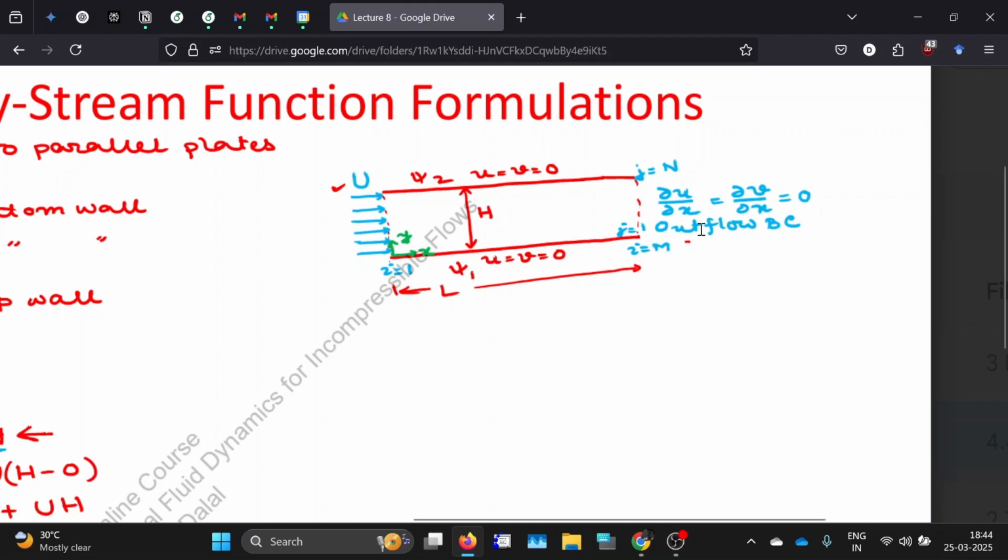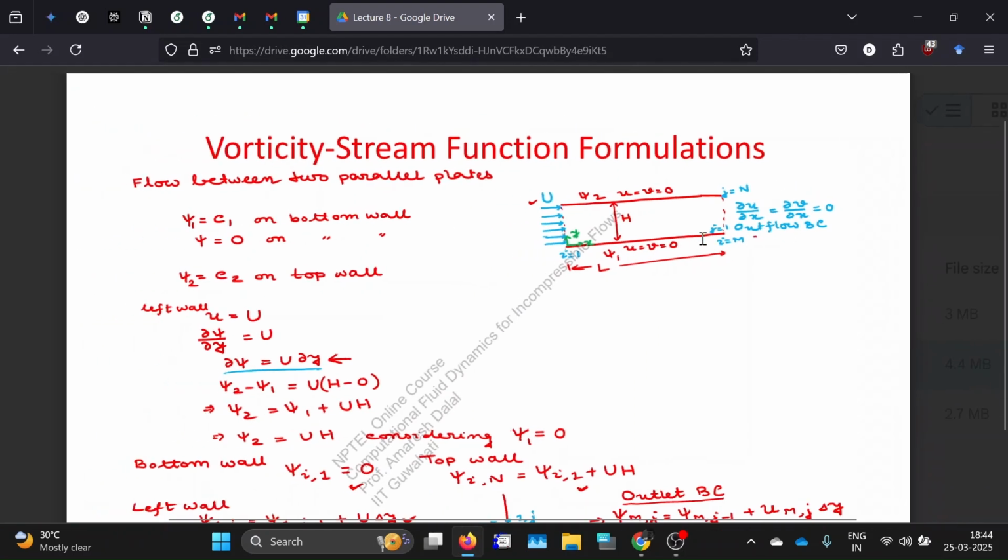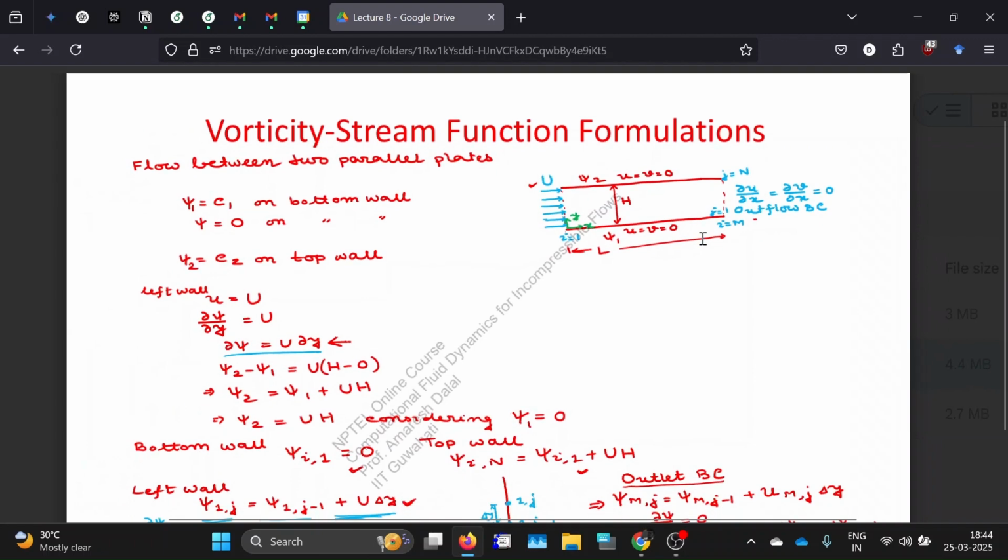And the next question is, what is the primitive approach? Just now you were also explaining about it. This vorticity stream function equation is not a primitive approach because we are using derived quantities, derivatives of u and v.